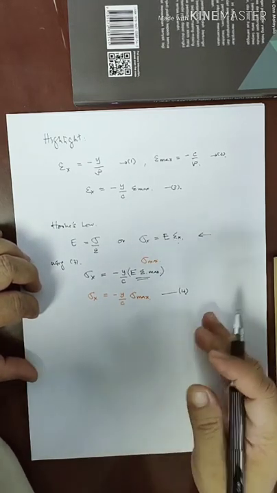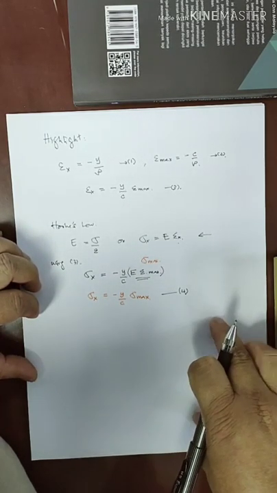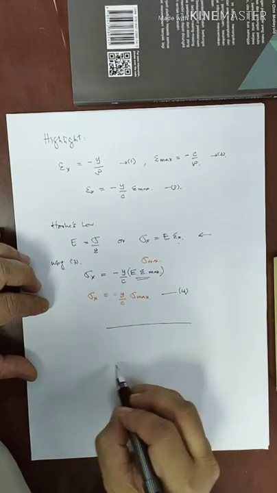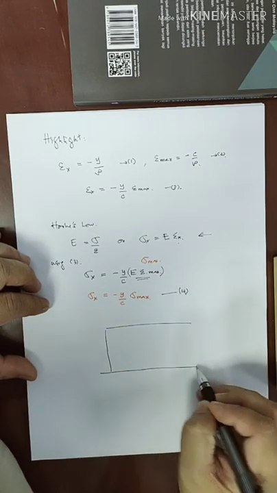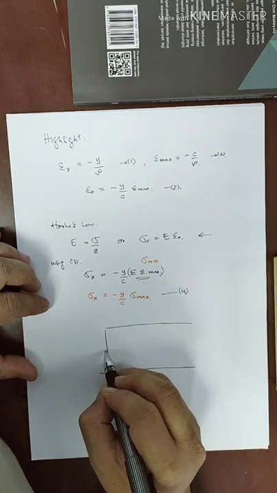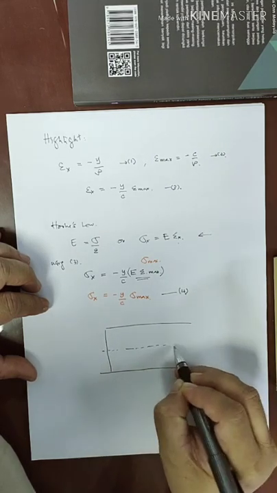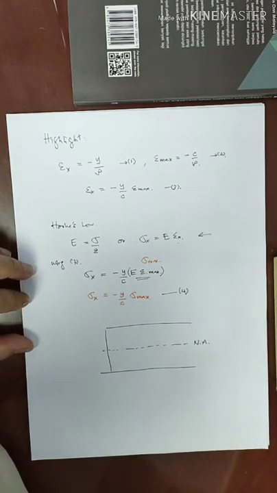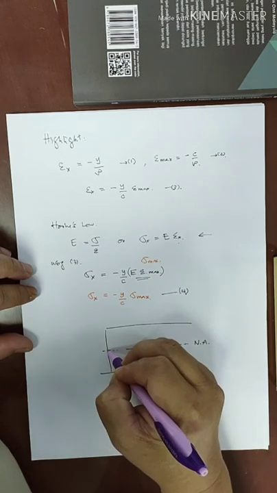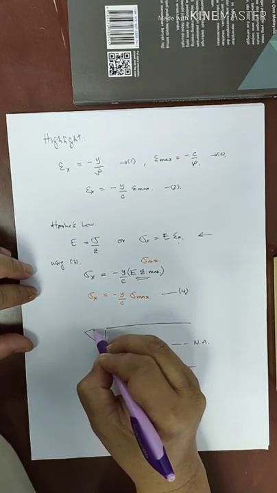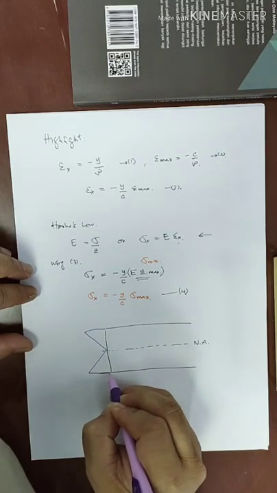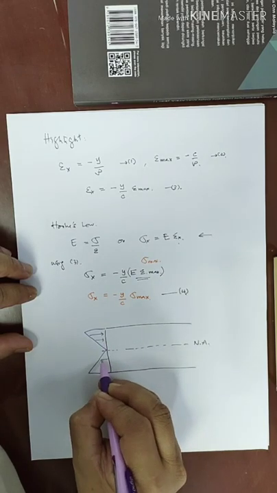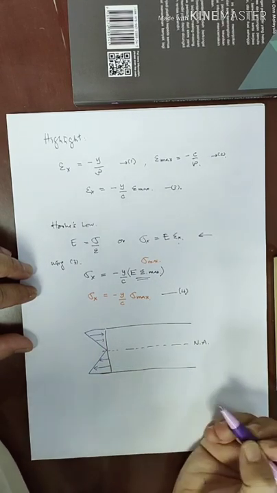So if we draw the stress distribution again, we have the beam, we have the neutral axis. It starts from 0 at the center. So the compression and the tension.